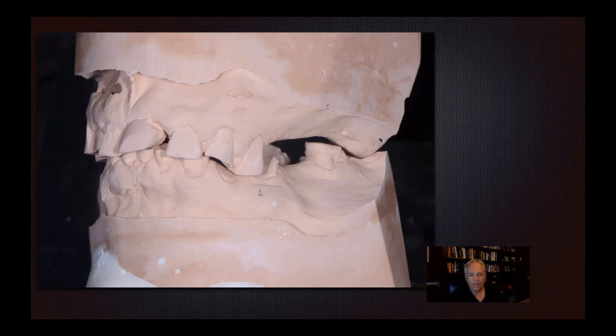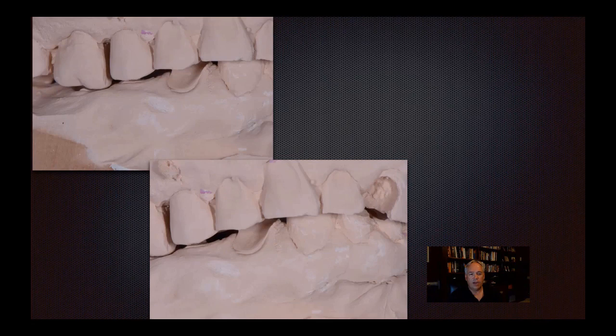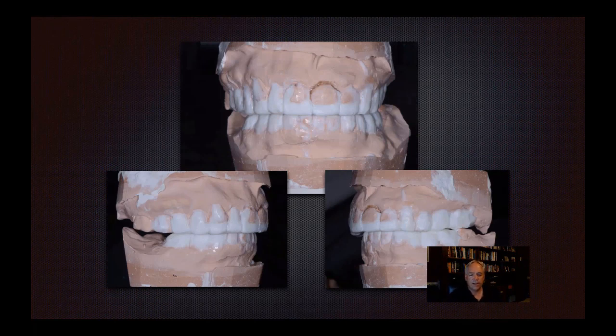So we did a very rough wax-up where I said if I can open his bite a little bit, then I don't need to cut quite so much bone away to get to the heads of those implants. This is by far from beautiful, but you can start to see how, by adding to the teeth, top and bottom, we can decrease his overbite and start leveling things out a little bit.